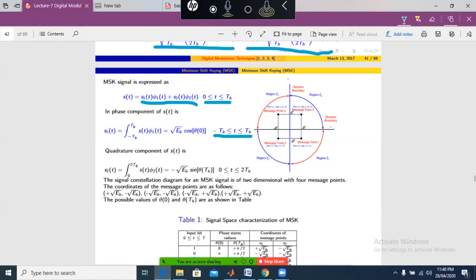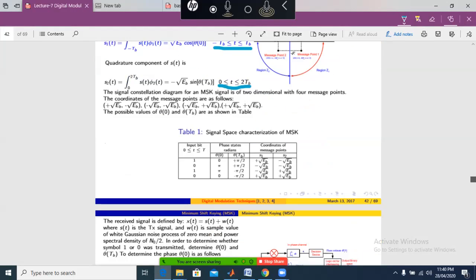And in S2 of t, that duration is from 0 to 2 TB. So the result of this is EB cos theta of 0, and that is minus EB sin theta of TB.